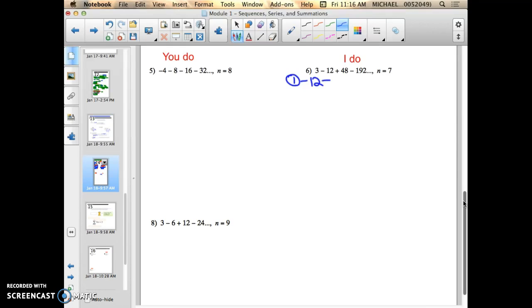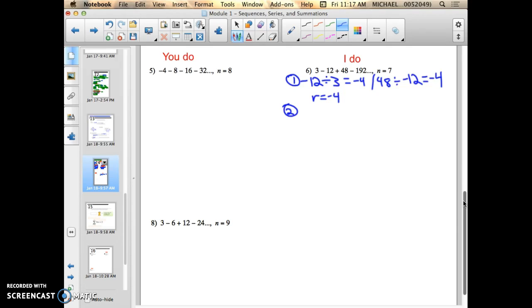So second term divided by the first term: negative 12 divided by 3 is negative 4. To check that work, let's jump to the third term, which is 48 divided by negative 12, which indeed is also negative 4. So I've determined that this is geometric, and I have found that r, my common ratio, is negative 4. So I'm done with step 1.